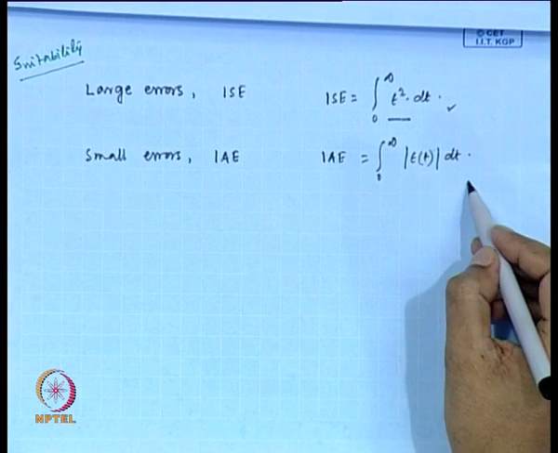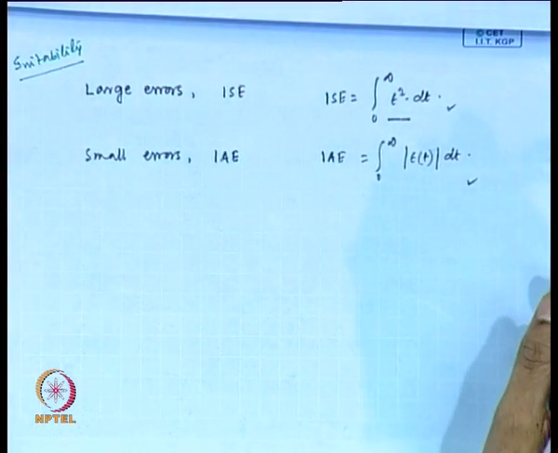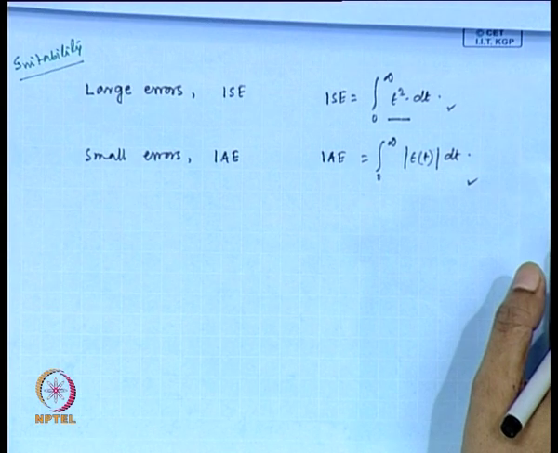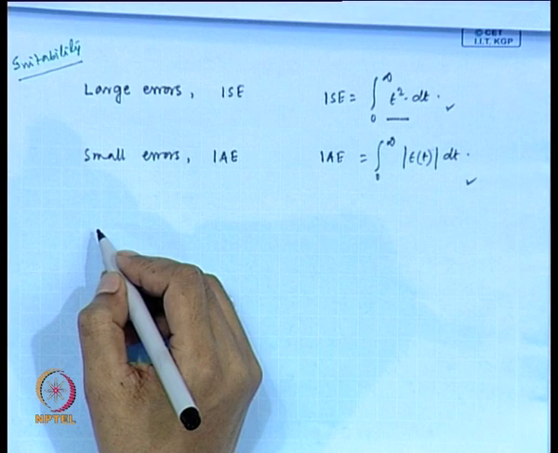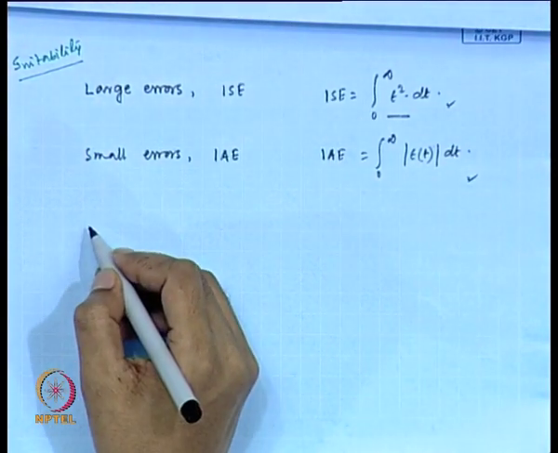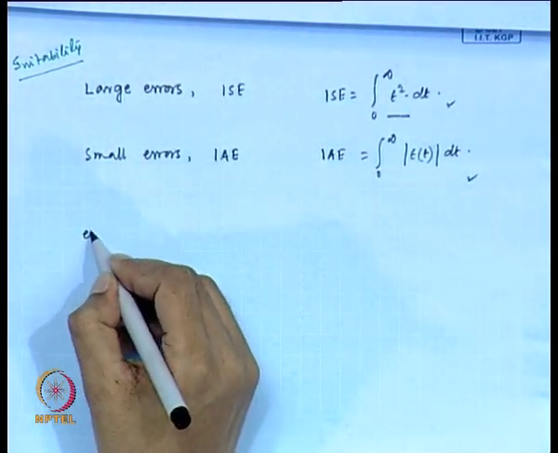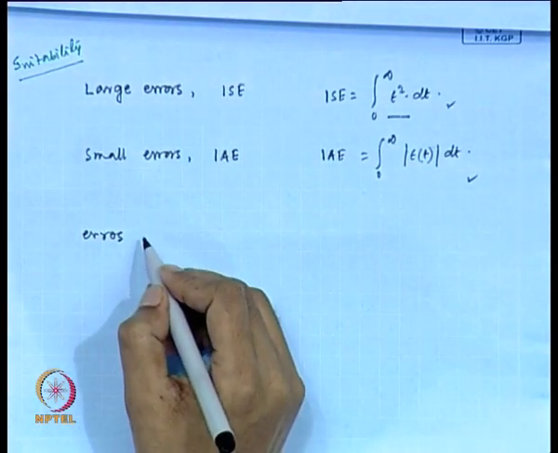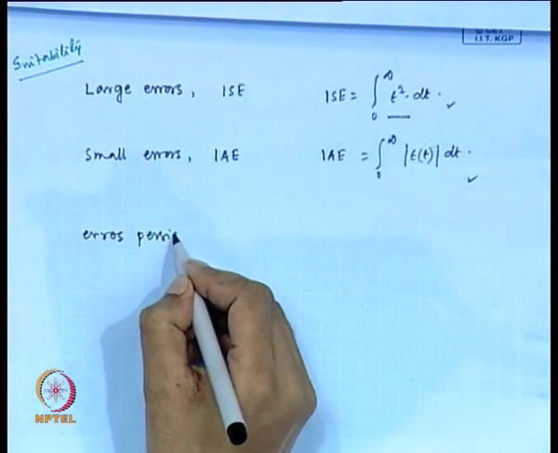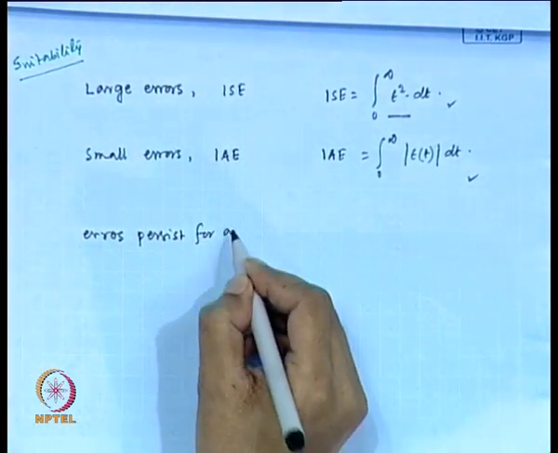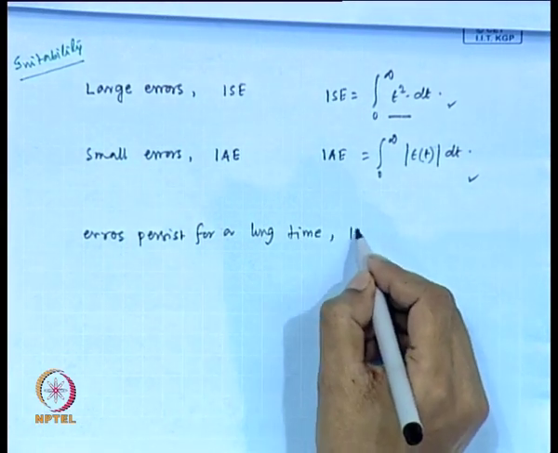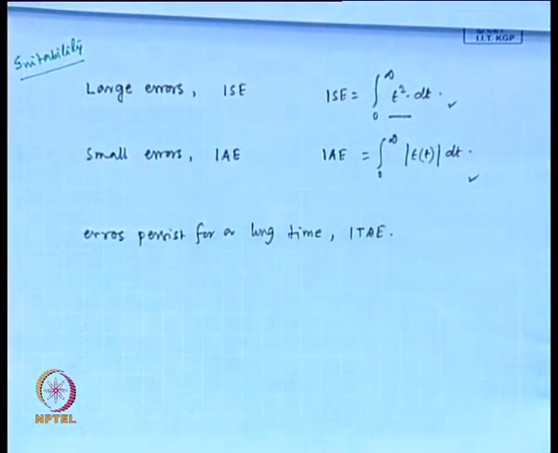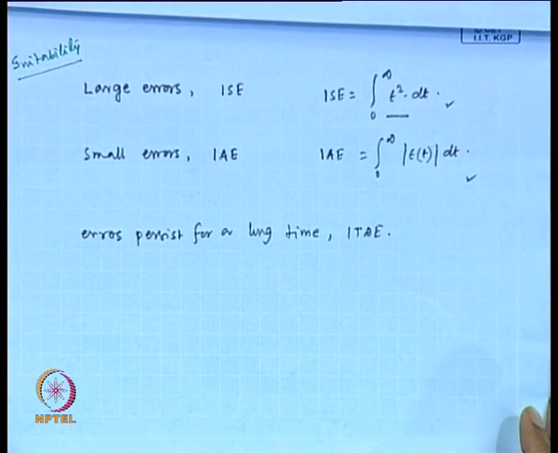Therefore, the IAE performance criterion gets preference when small errors are there, and when the errors persist for a long time, the ITAE performance criterion is used. Fine.